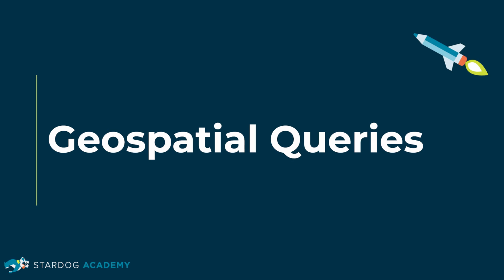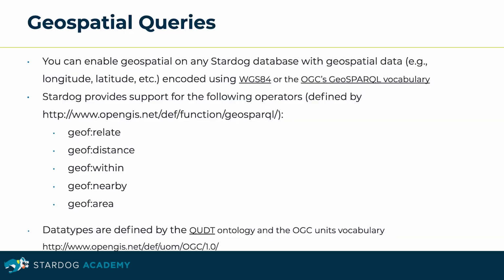This section is on geospatial queries. You can enable geospatial on any Stardog database with geospatial data. The data must be encoded using WGS84 or the OGC's GeoSPARQL vocabulary.